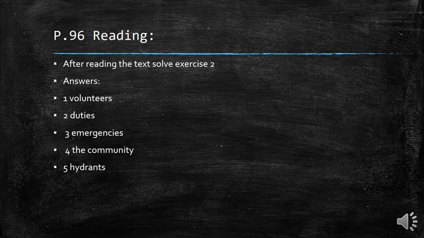Moving on to number 6, a careful look at something to check, for example, that it's working properly. This word is inspection. Number 7, a period of work in a place such as a factory or a hospital. This is a shift.